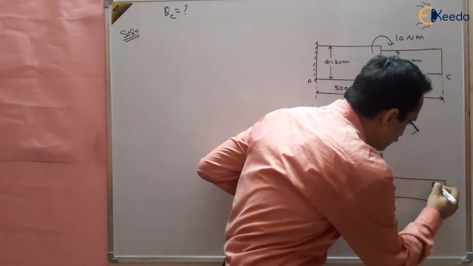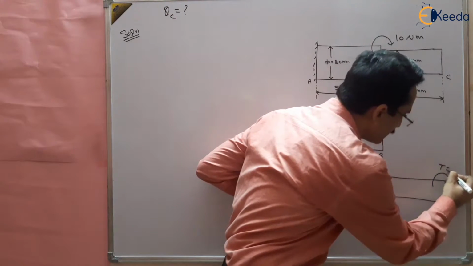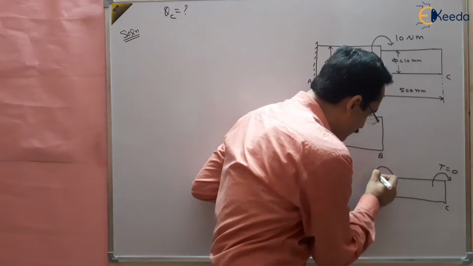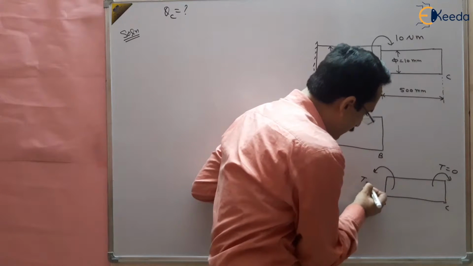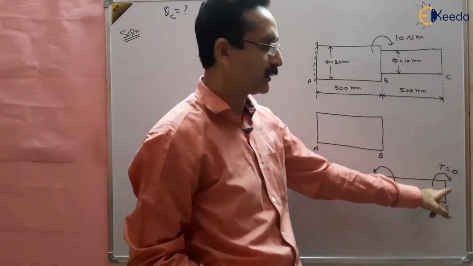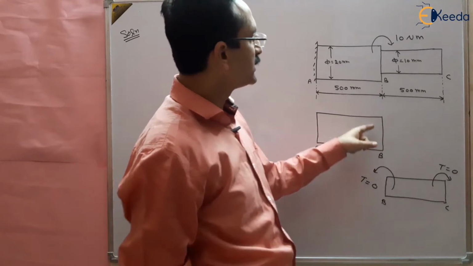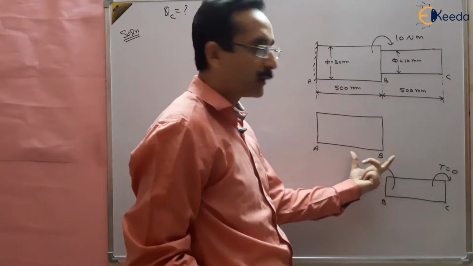If the torque at this point is 0, suppose clockwise, then there should be an anti-clockwise torque here, and that is 0, no torque in this part of the shaft. So whatever torque is at B will remain in the AB part of the shaft.